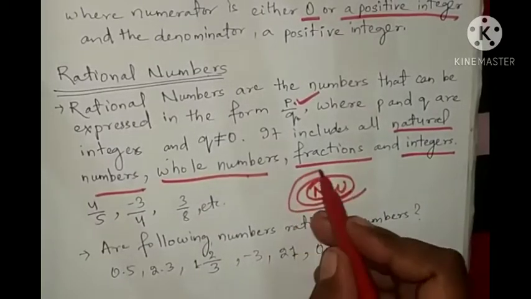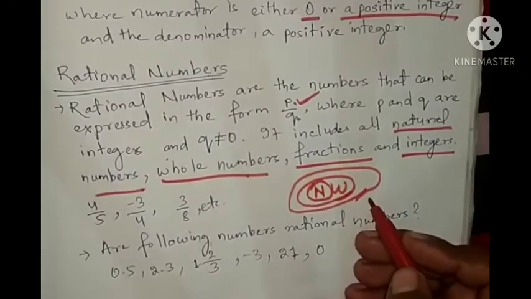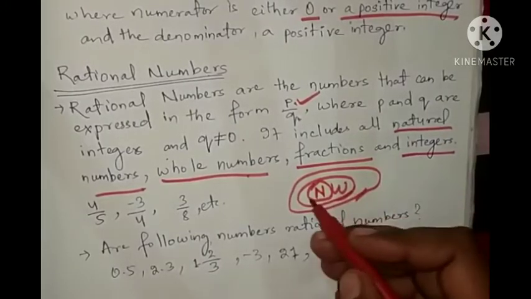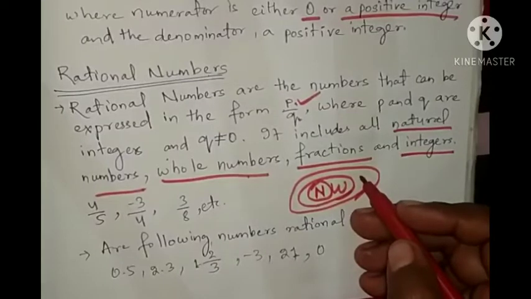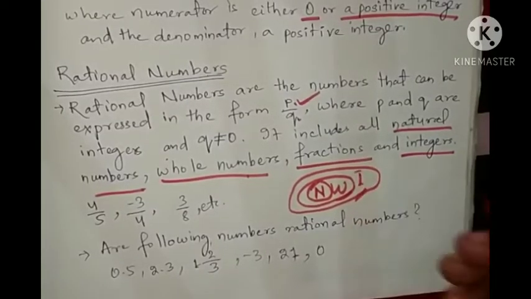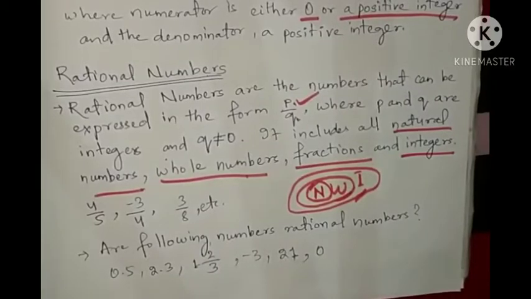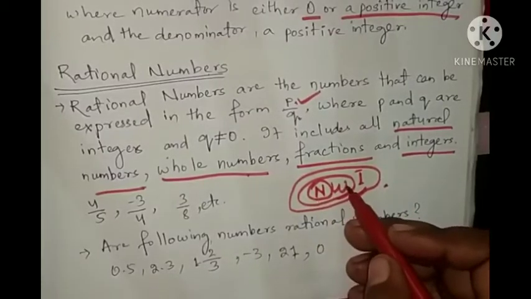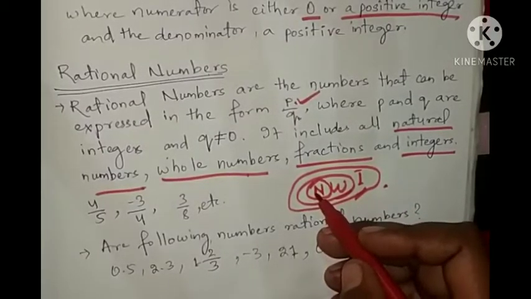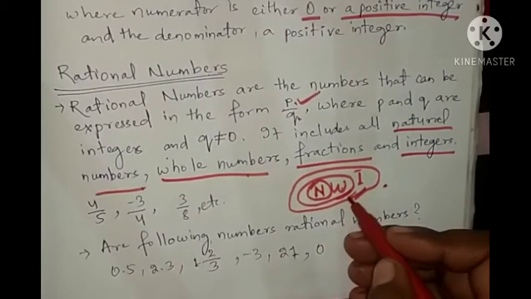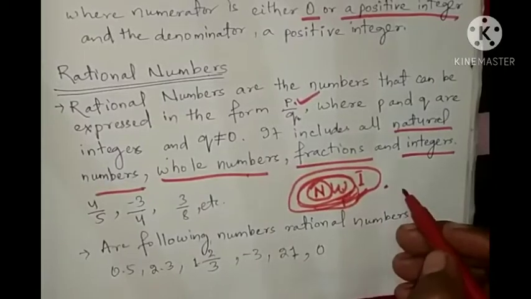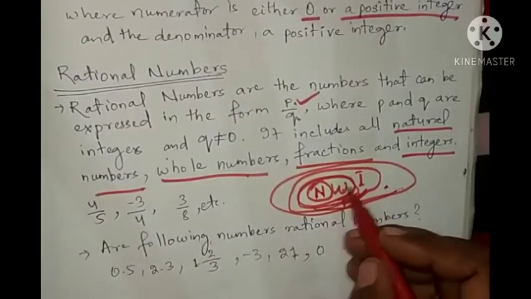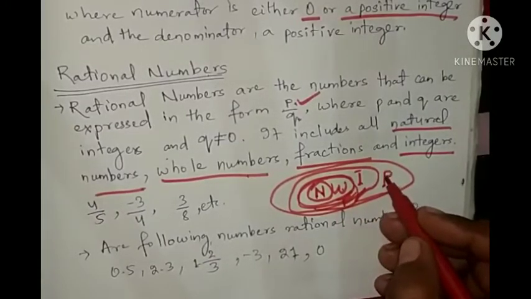If you add negative numbers, you get integers. So all these numbers come under rational numbers.